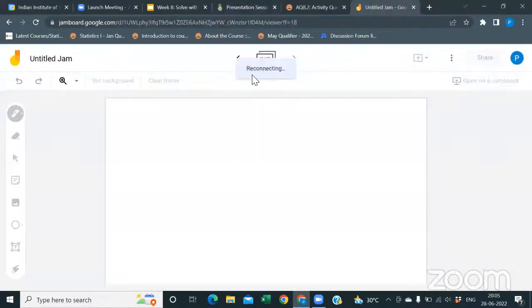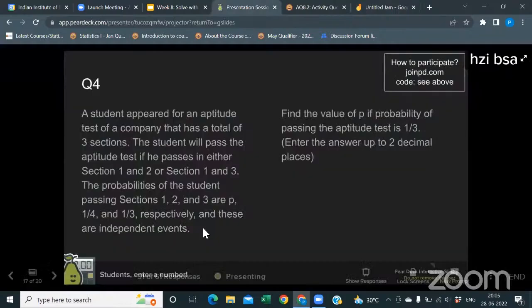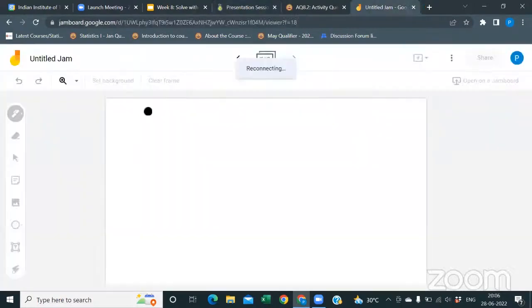1 second. Yeah, see, in the question, if you see, it is given all these events are independent, right? That means probability of pass 1 intersection pass 2 equal to probability of pass 1 into probability of, I can write now. Yeah, you are saying like this one, right?